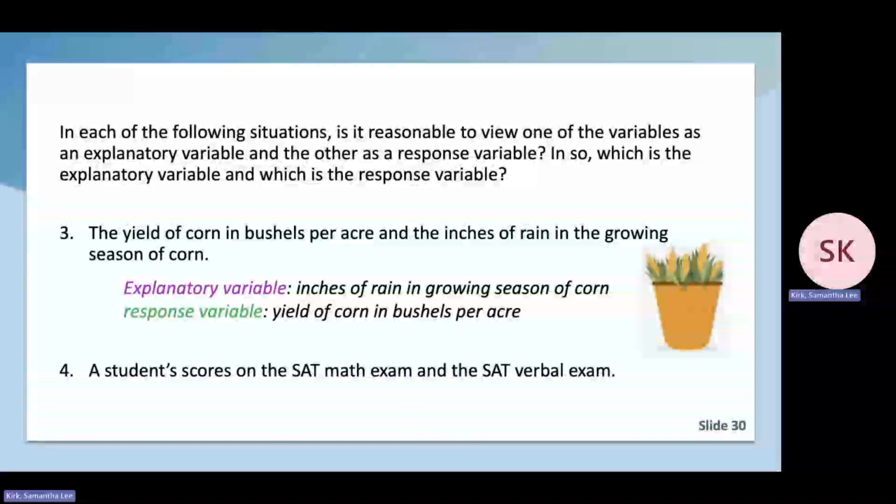If you studied for the exam, let's say you studied the math section, you probably studied the verbal section as well. So there might be an association. People who did well on the math exam may have done well on the verbal exam as well, but I don't think one causes a change in the other. So I would say that explanatory variable and response variable does not apply in this situation.